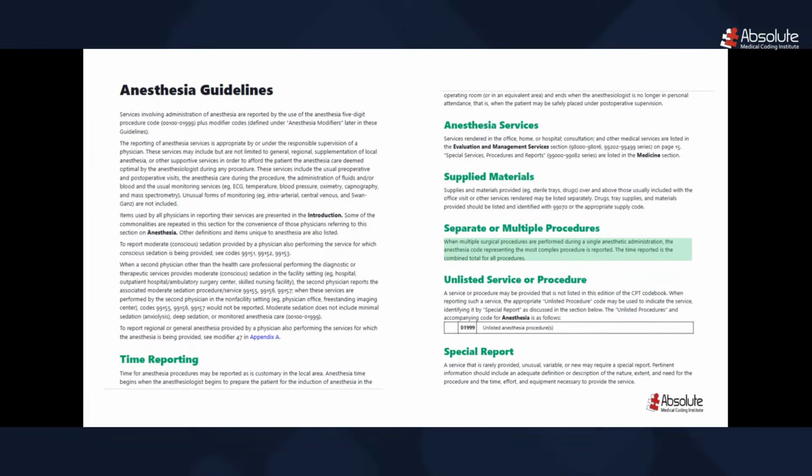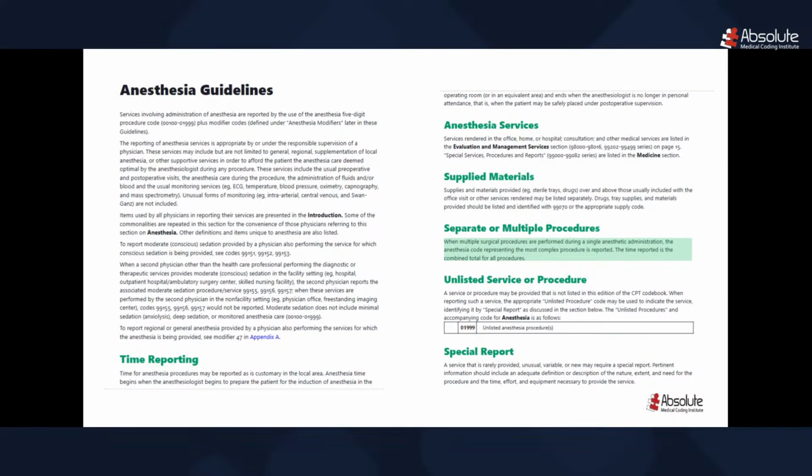And number two, choose the most complex procedure. Then report the combined anesthesia time or the total anesthesia time. So you won't be using two separate anesthesia codes. You will only use one anesthesia CPT code, and that is based on which is the most complex one. Then you will combine the total anesthesia time.